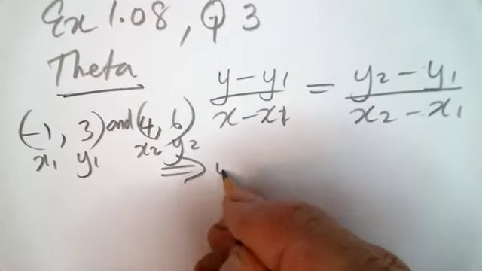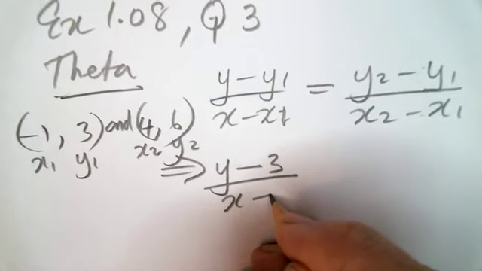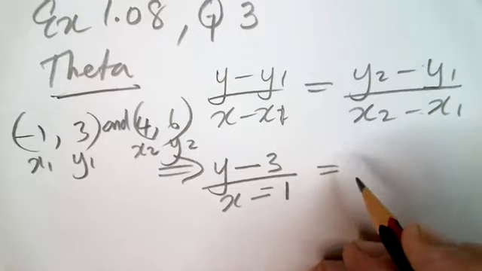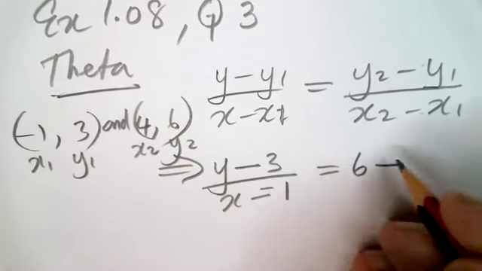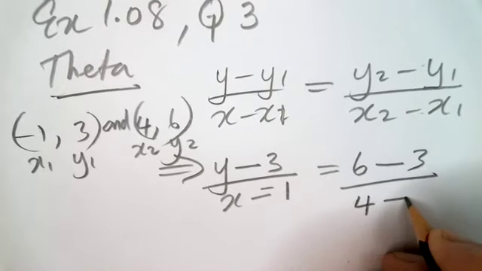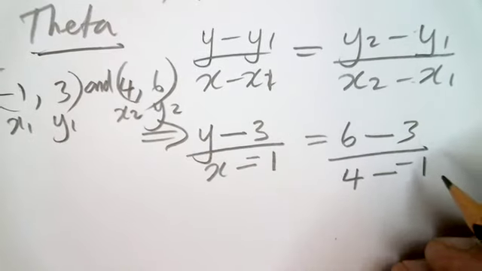So this is going to apply that: y minus y1, which is 3, over x minus x1, which is -1, is equal to y2, which is 6, minus the y1, which was 3, over x2, which is 4, minus x1, which is -1. All right, let's tidy all that up.